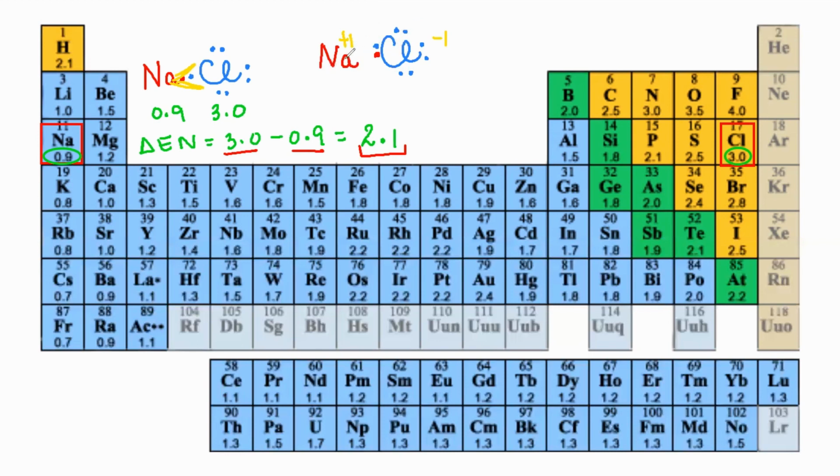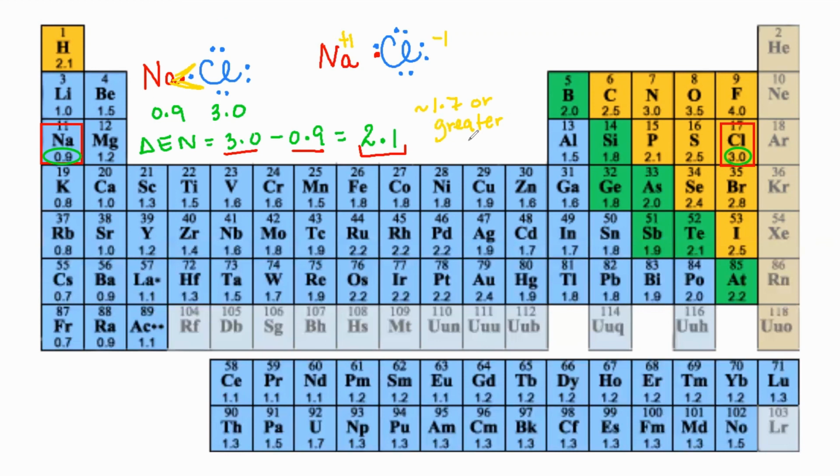Since sodium lost an electron to chlorine, we had a transfer of electrons, and that caused an ionic bond. So what we actually have here is an ionic bond. Looking at the electronegativity values, if you have an electronegativity difference of about 1.7 or greater, you're going to have an ionic bond, or it is generally accepted as an ionic bond.